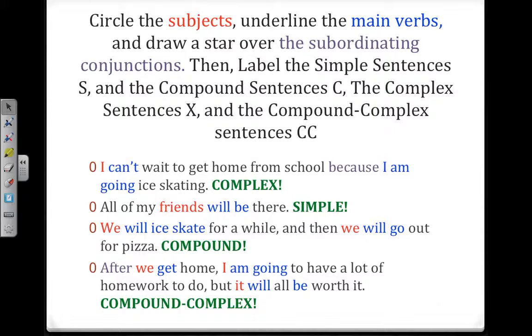That's a big hint that I'm working with a compound complex. And sure enough, we see that I have the subordinating conjunction after. That makes the first clause dependent. And then I have the coordinating conjunction but that is connecting these two independent clauses. Two independent clauses and a dependent clause means that last sentence is in fact a compound complex sentence.